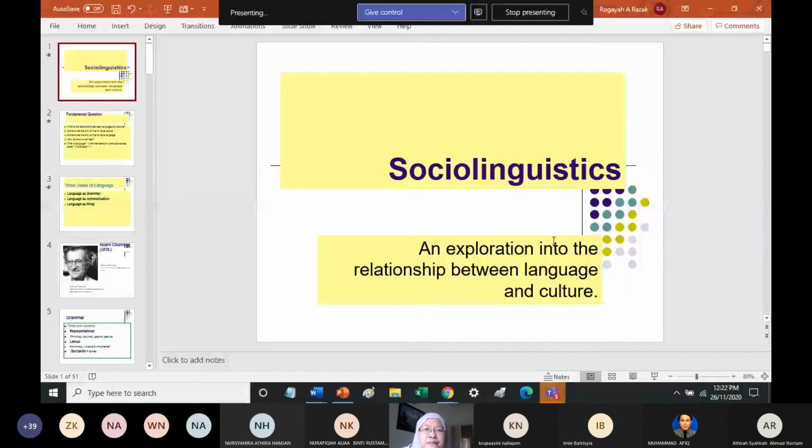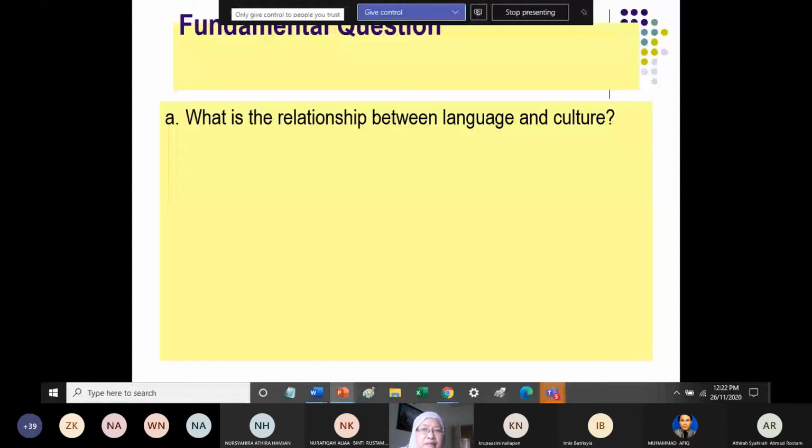So what are the fundamental questions? What is the relationship between language and culture? Because when you talk about society, you're talking about culture. Society has cultures that they adopt, so their way of life. How they eat, how they do their cleaning, either self-cleaning or cleaning of their environment is different. So these differences in the way of life is culture.